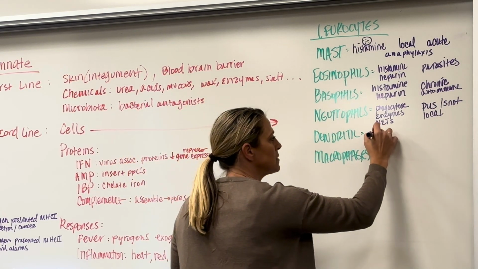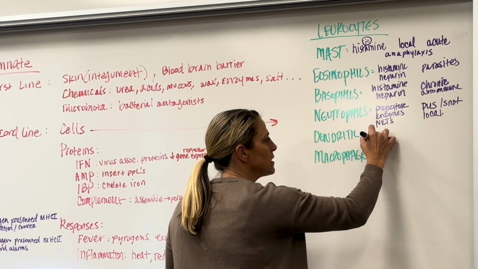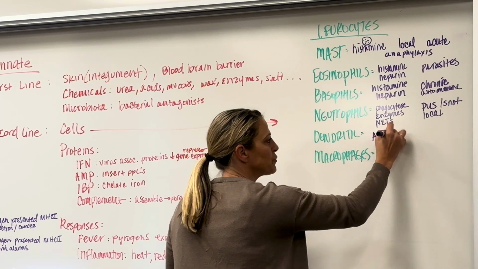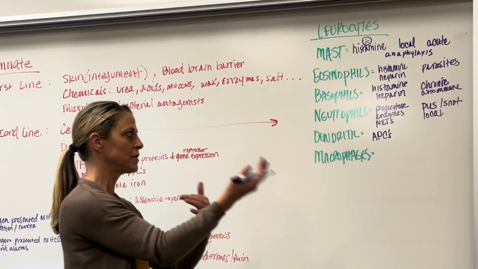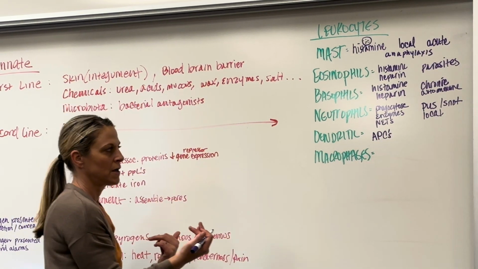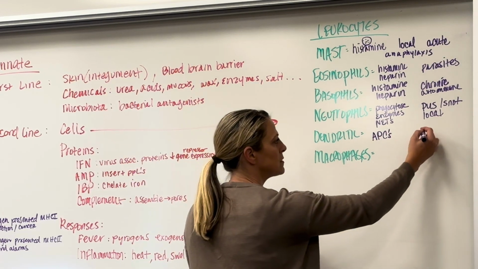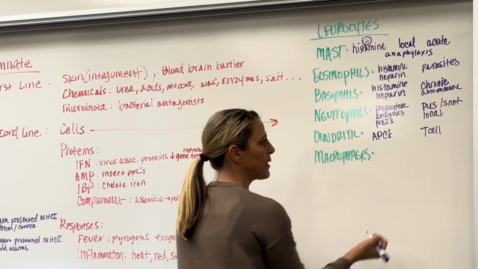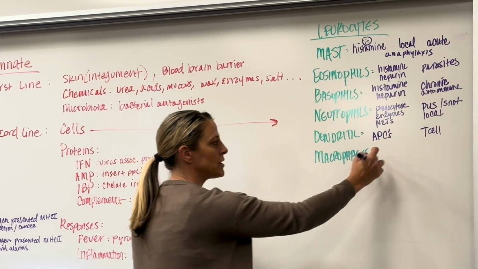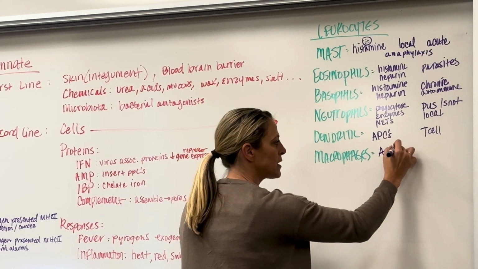Dendritic cells, these are our professional antigen presenting cells, so sometimes they're called APCs. So they'll phagocytose and professionally antigen present. Associated with the T cells, T cell activation, we'll talk about today. And then macrophages are also antigen presenting cells.